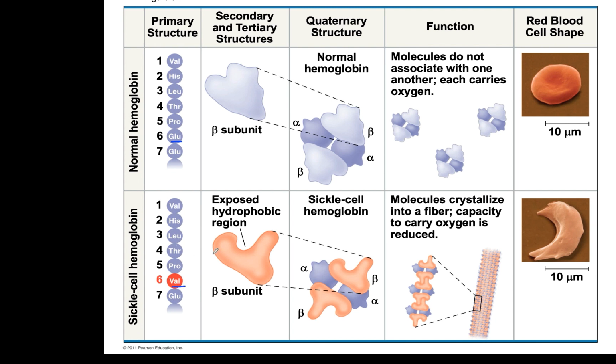This causes abnormal secondary and tertiary structure. Further, this abnormal secondary and tertiary structure brings about this structure of the red blood cell. It's not a round shape. It is a crescent structure.